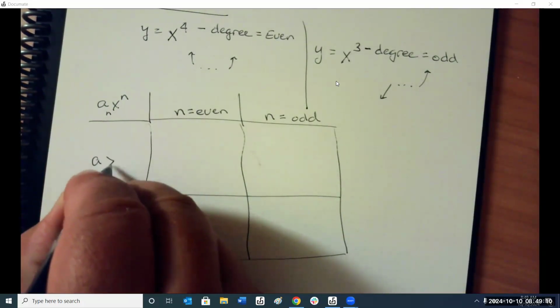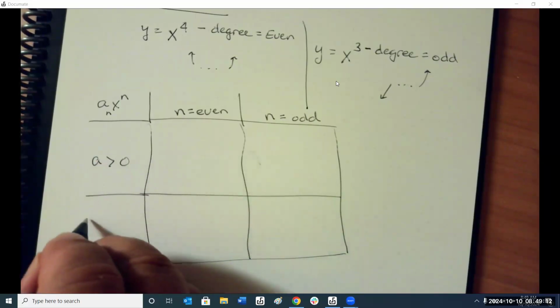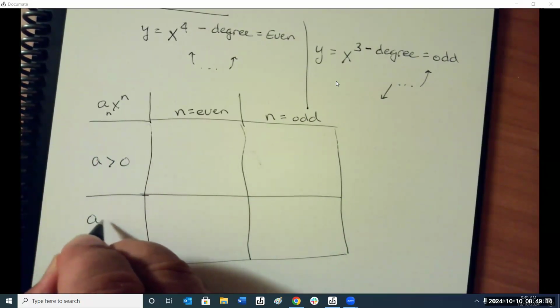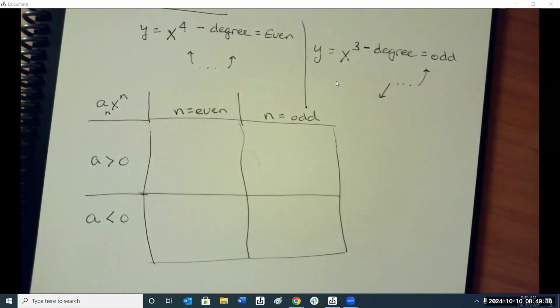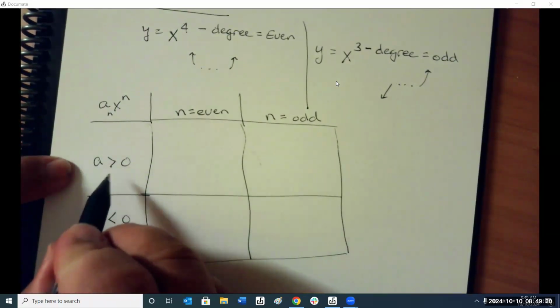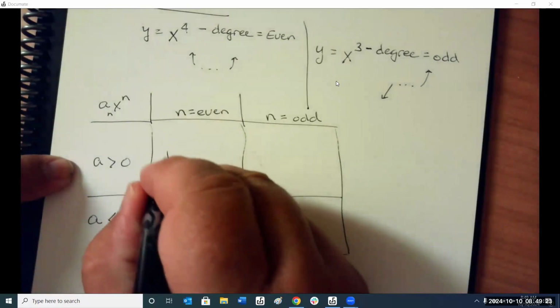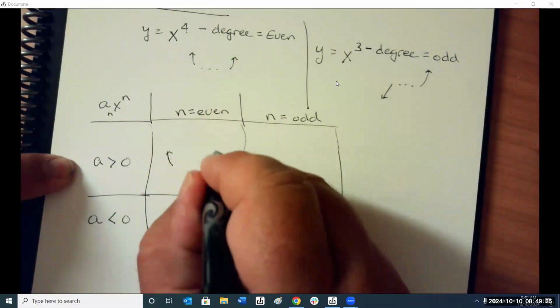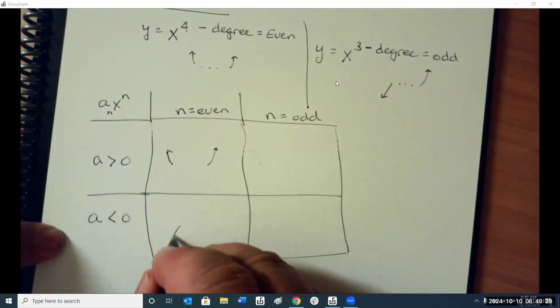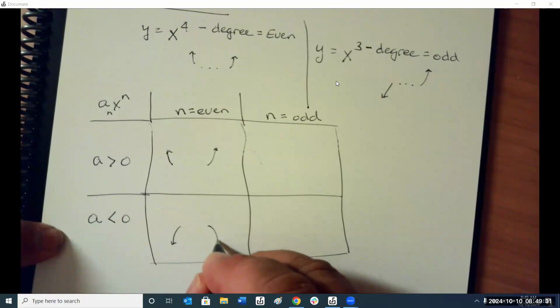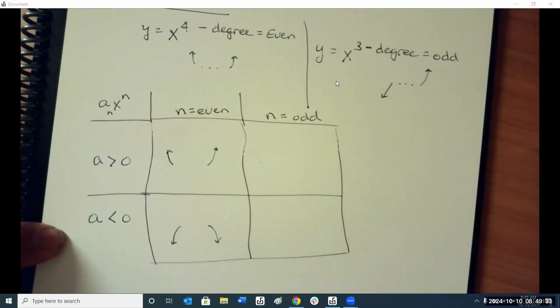If A is positive or A is negative. If A is positive, even degrees point up. If A is negative, even degrees point down.